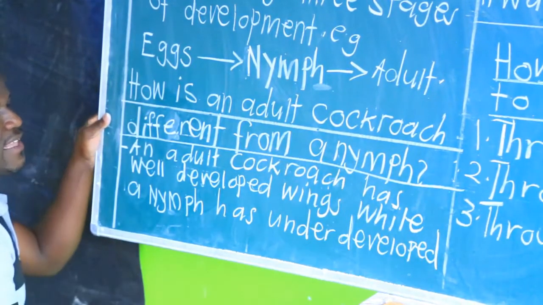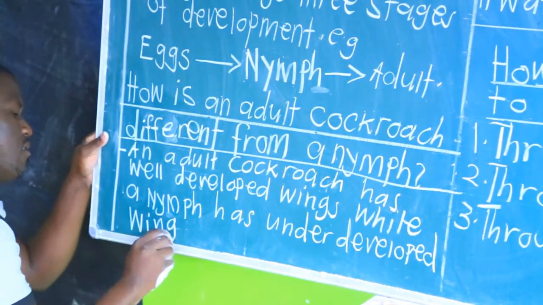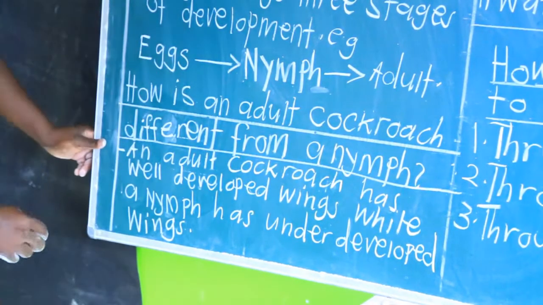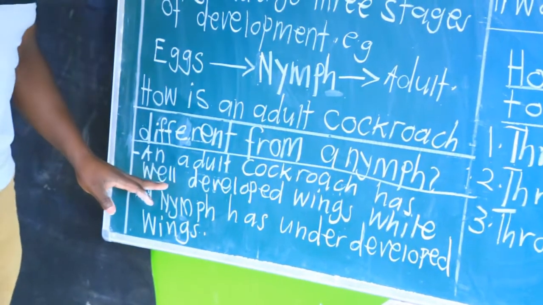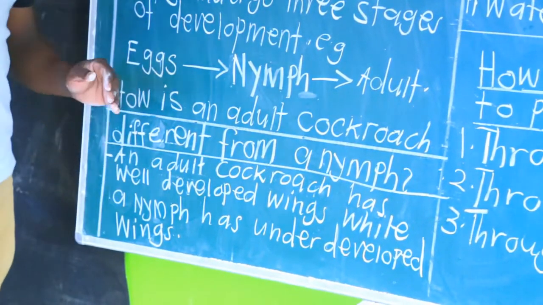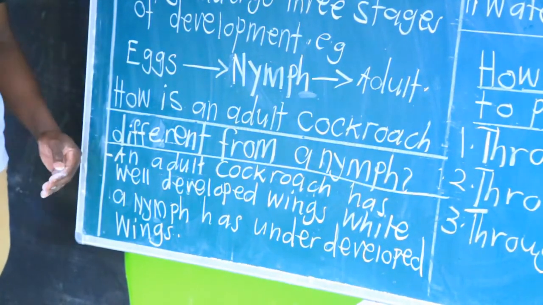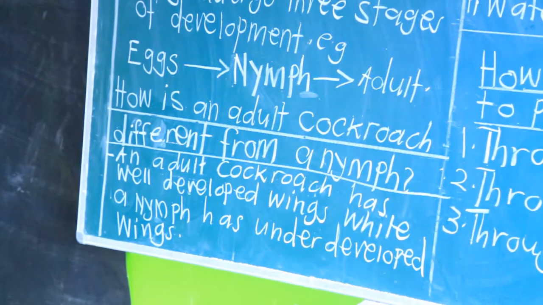If you look at the wings of an adult cockroach, they are well developed, while the wings of a nymph are underdeveloped. That is the structural difference between a nymph and an adult cockroach.